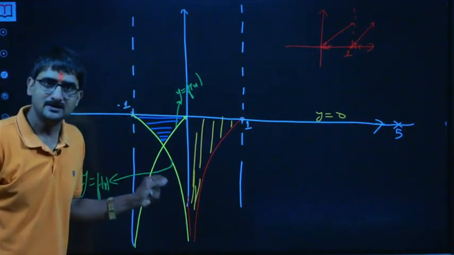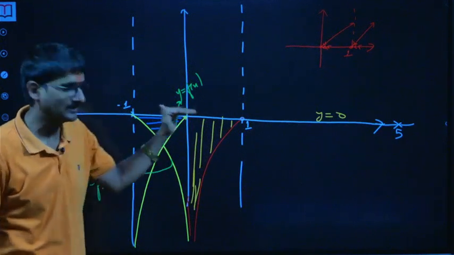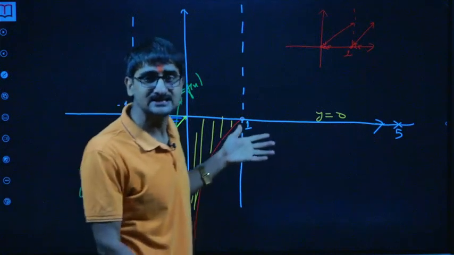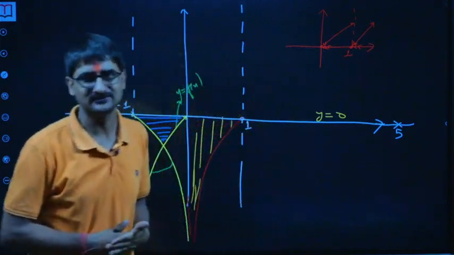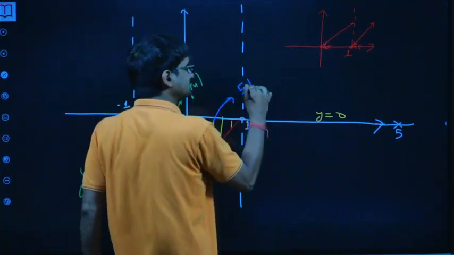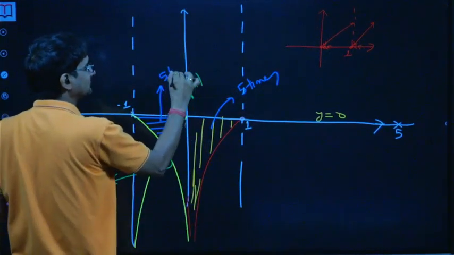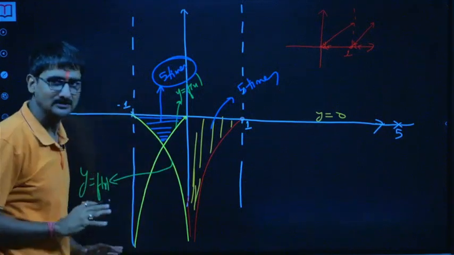On the right side, since y is equal to f(x) and f(mod x) are the same, 5 times this area, plus on the left side its area 5 times, should give us the answer. Okay, so let's try.